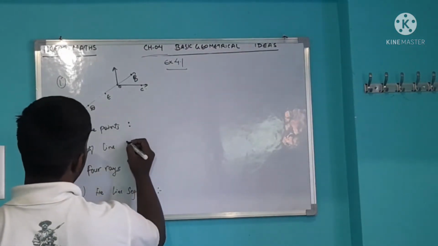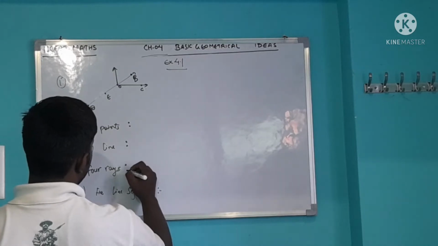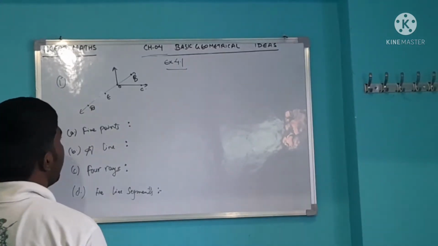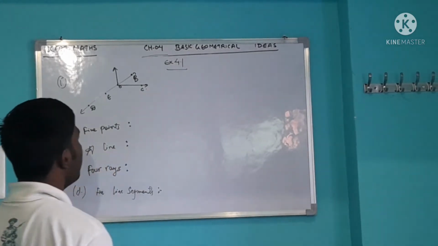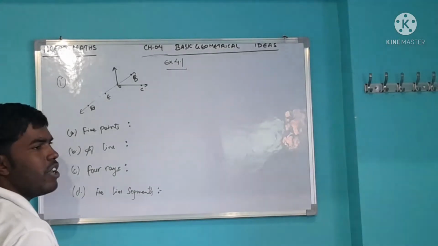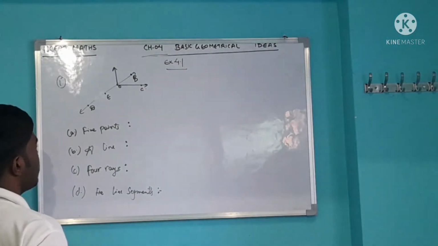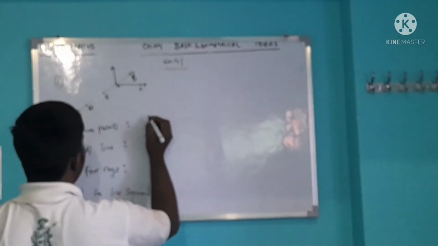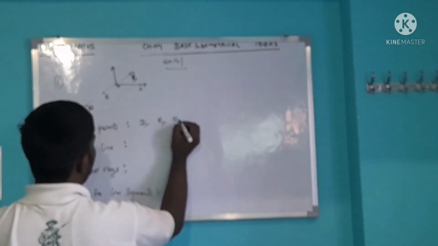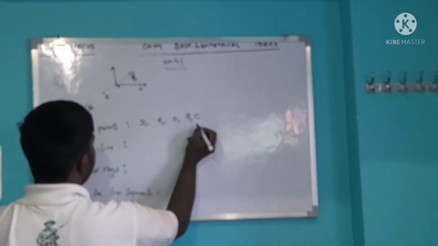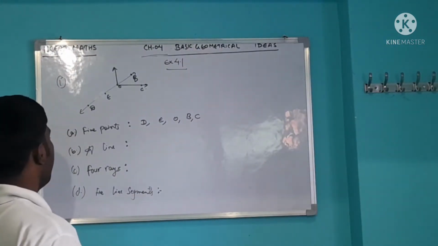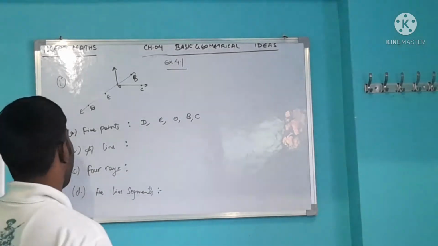In first question we have 4 parts which are based on the given figure. In this we have 5 points B, C, D, E and O. In first part we need to write the 5 points. So basically we have points like B, C, D, E and O. So these are the 5 points which are given in our figure. In B part we need to find a line.